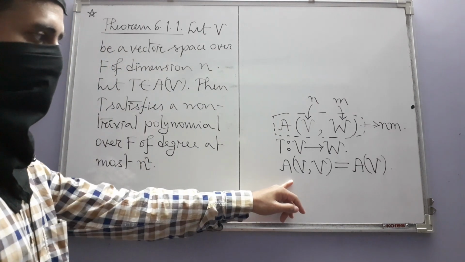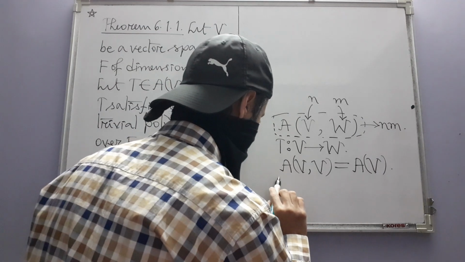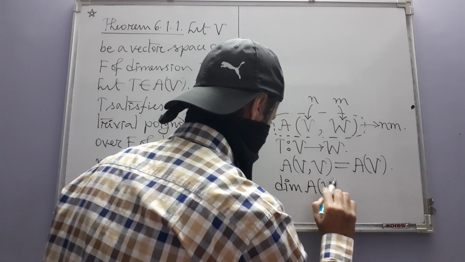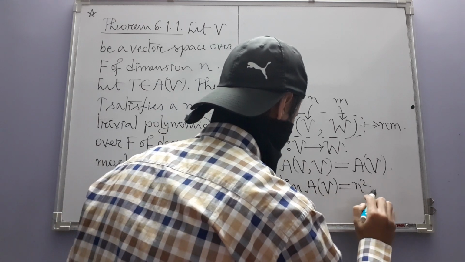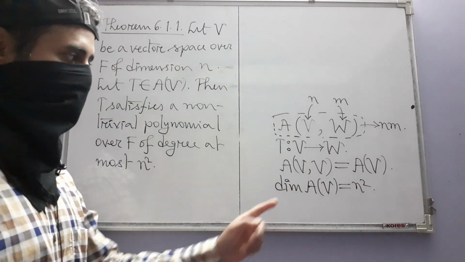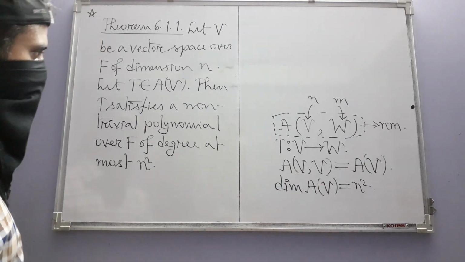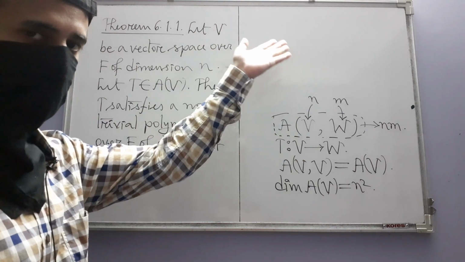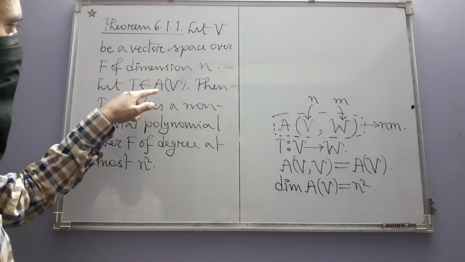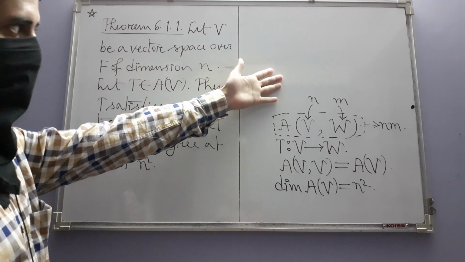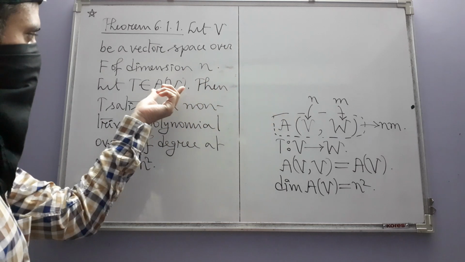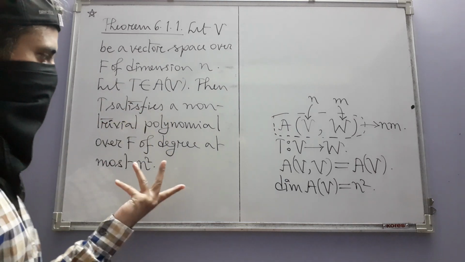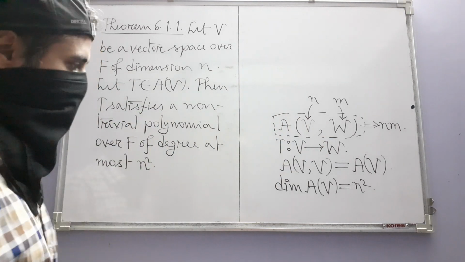If you apply that to this, it becomes n square, because V is n-dimensional. So now you can see that in that previous lemma you can replace the algebra by this algebra, and then it is simply the statement of the lemma itself.